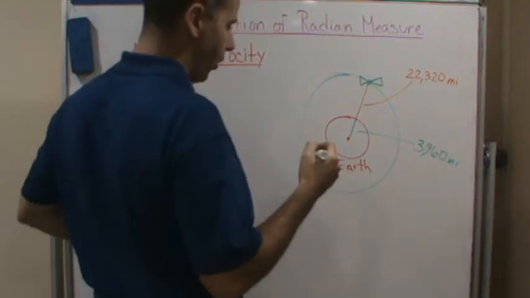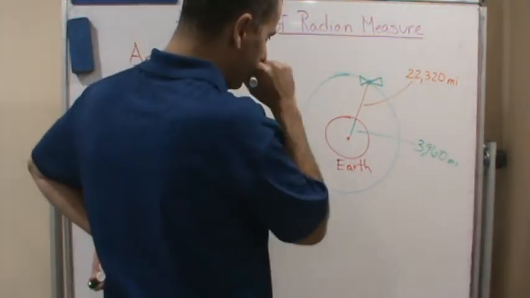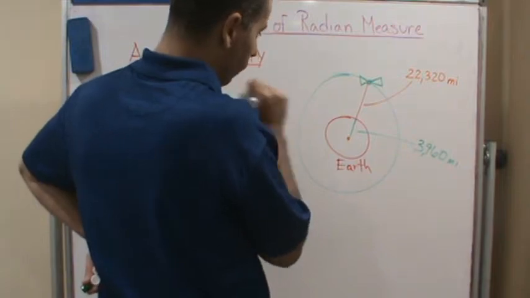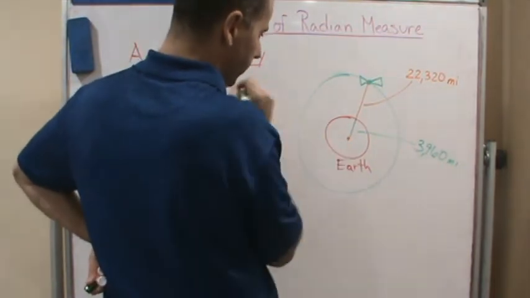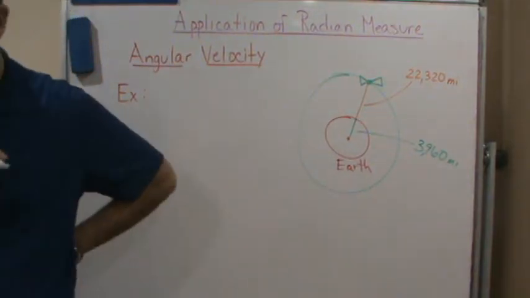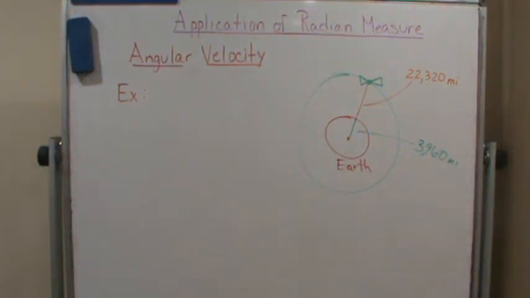Because we then know that one full revolution around is going to be 2 pi radians, right? So one revolution would be 2 pi radians.